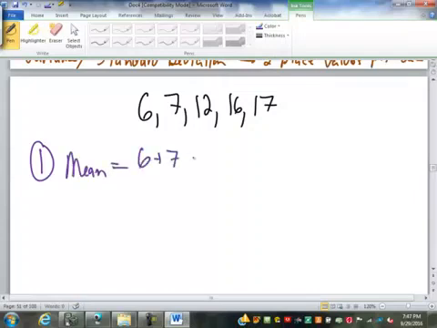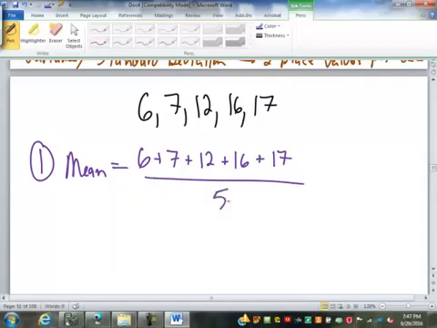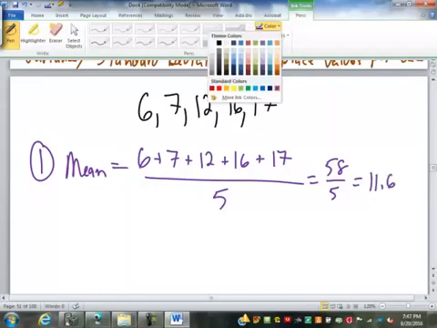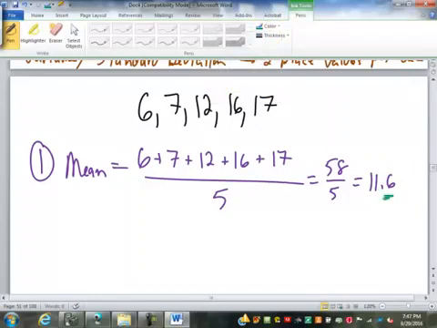So 6 plus 7 is 13, plus 12 is 25, plus 16 is 41, plus 17 is 58, over 5, which is going to give us 11.6. Is that correct? 1 decimal place past the data, 11.6.